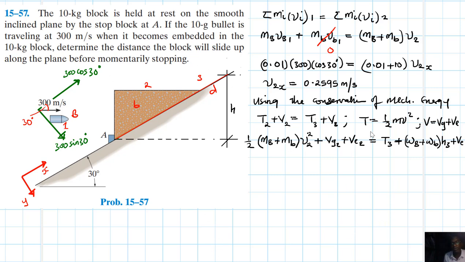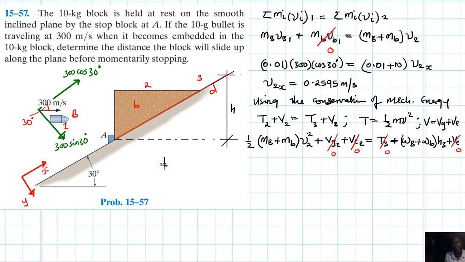Let me move this a bit. Okay, there we go. Right, so we know that this is 0, this is 0, this is 0, and this is 0.